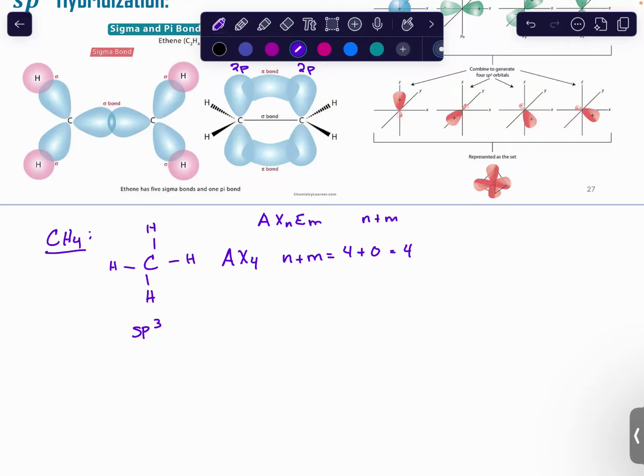Your highest value in this case is n equals 2. How many electrons do you have in the n equals 2 level? 4, 2s and 2p. So the valence electrons will look like this.